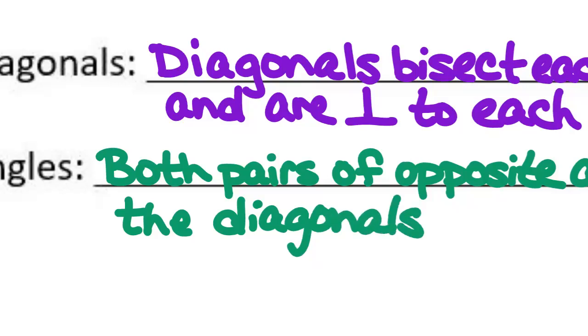So starting off with opposite angles being congruent, so these two big angles are congruent to each other, and then we've taken it and cut them both in half. That's why I have 4 little angles right here that are all the same size. Same thing with this diagonal here. These two angles are congruent to each other, and this purple diagonal is cutting both angles in half. So I end up with 4 little congruent angles here.